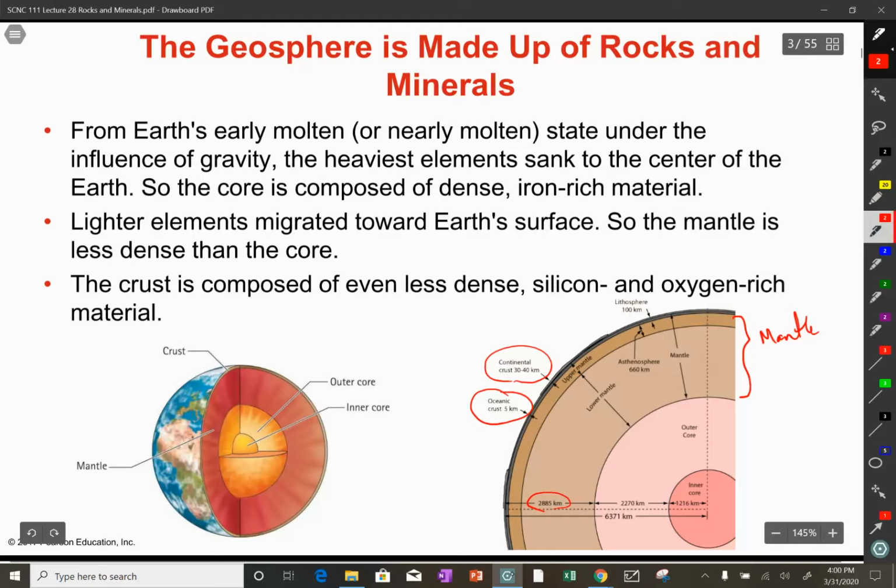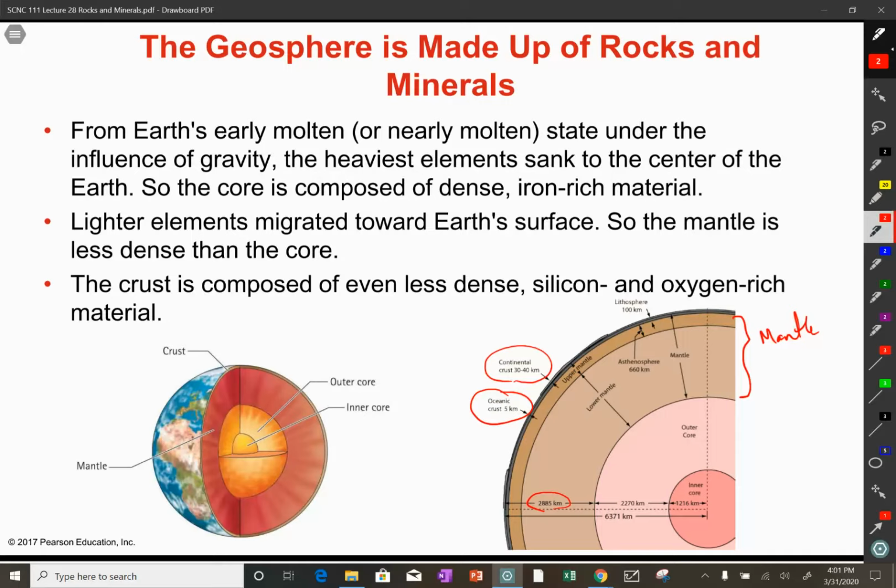The upper mantle and lower mantle are fundamentally different in how they behave. And you have this here, it says the asthenosphere. The asthenosphere is the region where the temperature and pressure are just right so that the material can be deformed.